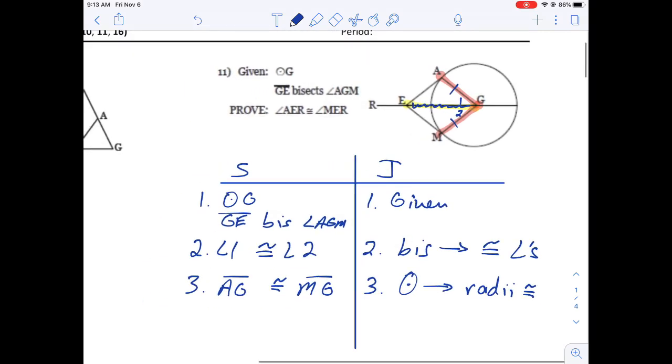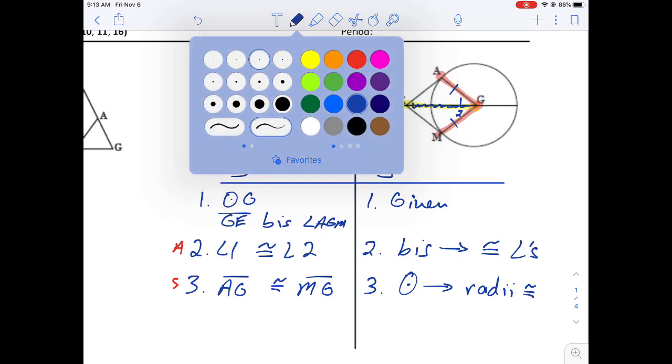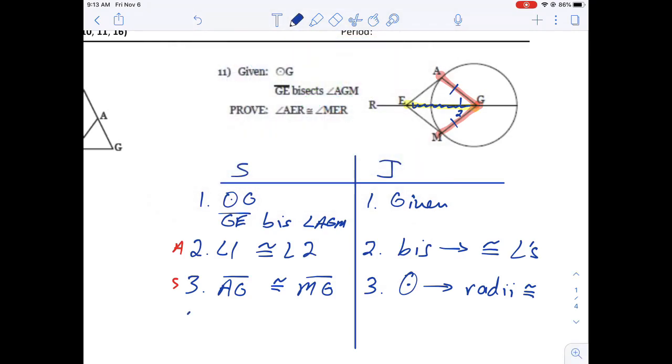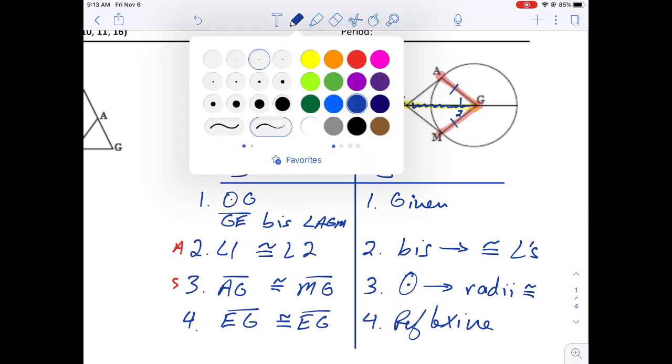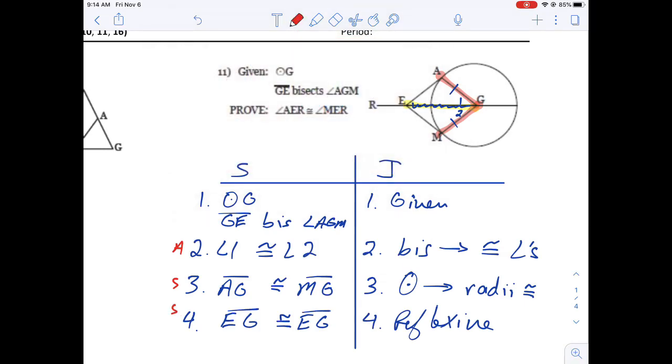So if you're keeping track for congruent triangles, we have an angle, we have a side, and then let's go find the other side, which in this case is the low-hanging fruit, the easy one: EG is congruent to EG, and that's by reflexive. Now we have another side, but it's not in that order, it's in the order of side, angle, side.